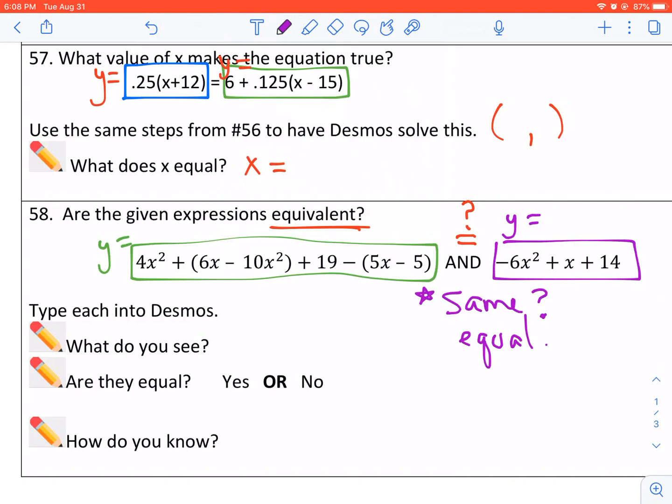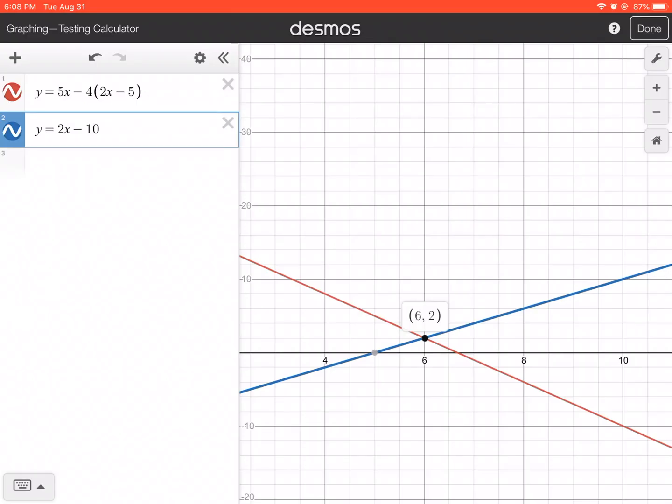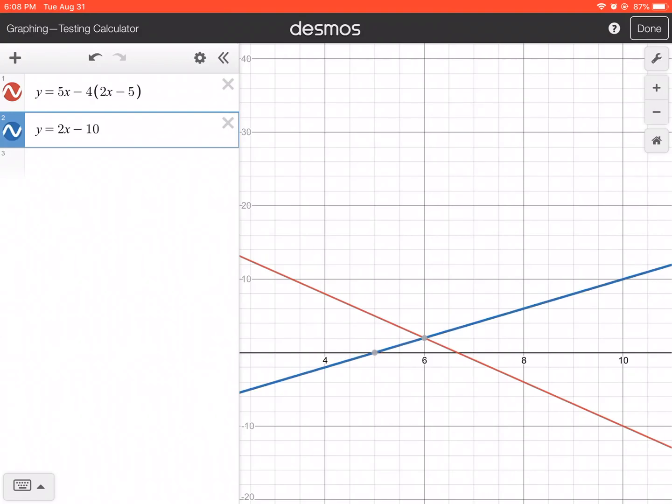Some helpful hints for you as you're typing. You can delete things as you go, but as you start to get more lines, you can also click on those colored circles to hide them without deleting them. So if you need to go back and look at them later, like on a multiple choice question, you can just tap those circles and those lines will disappear.